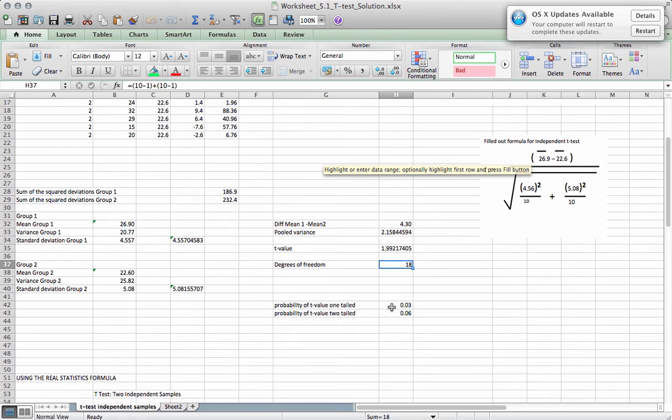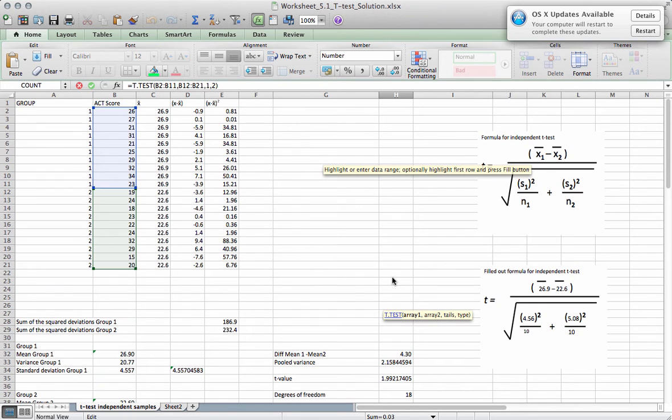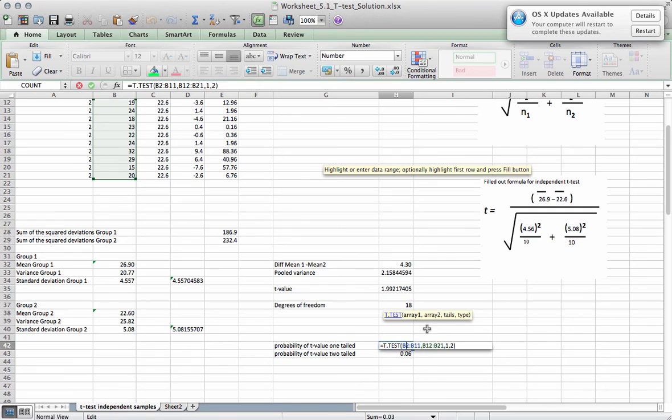Now to get the probability, you can use this formula, the Excel T.TEST. We specify the values for group 1 in blue up here, and the values of group 2 in green.